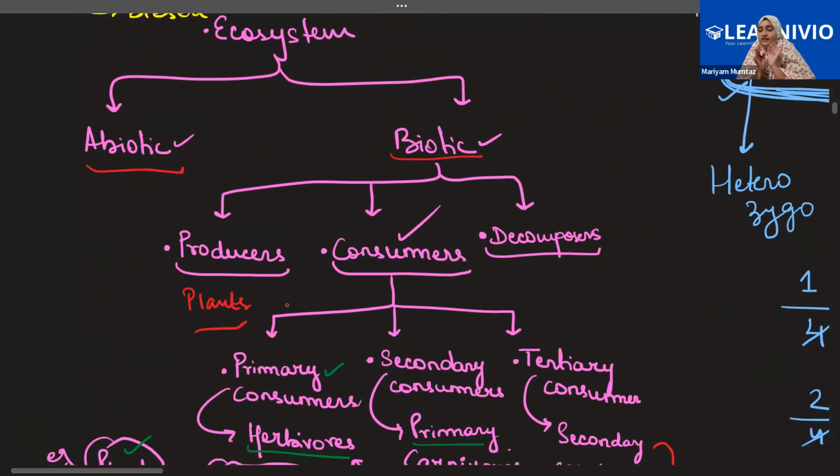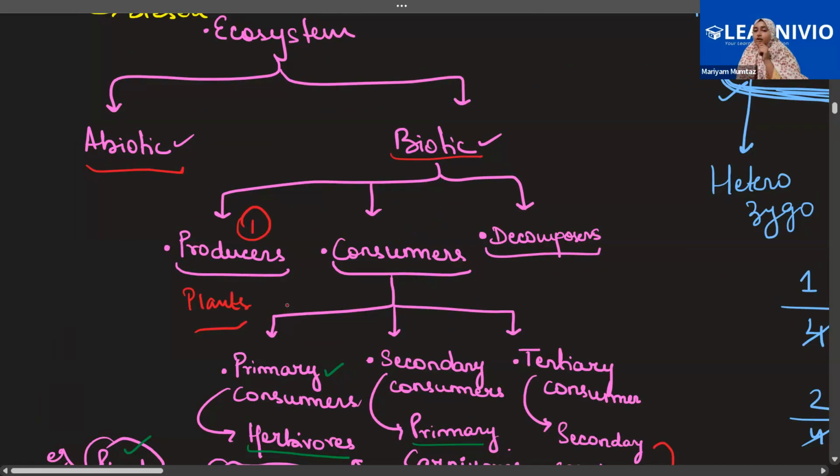Under the biotic, living organisms come here, but now we have classified these living organisms into groups. For example, the biotic components have producers, not the movie producers, the producers of our world.